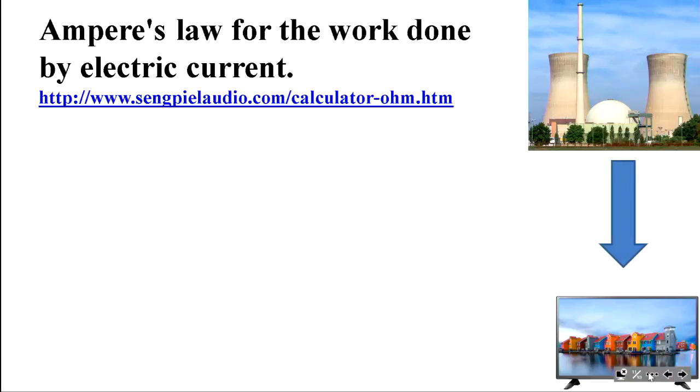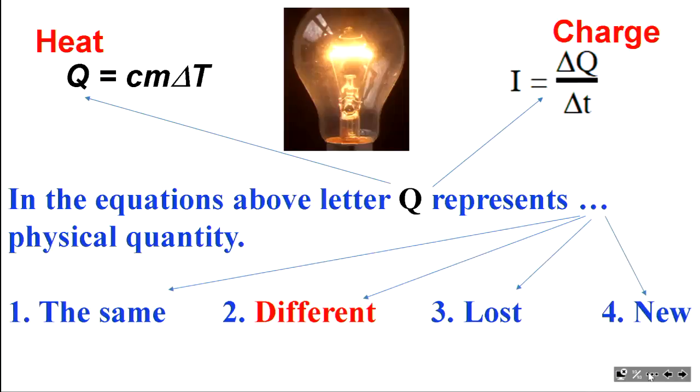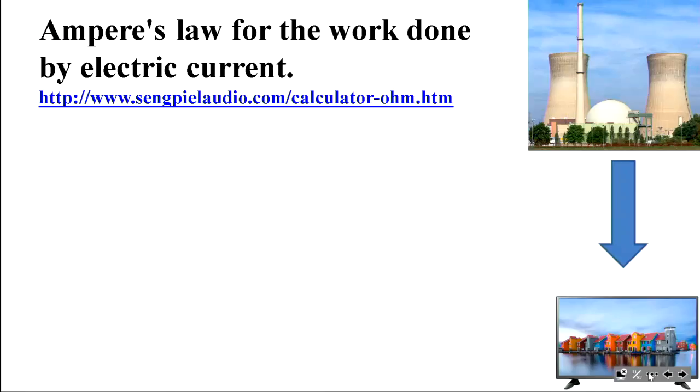Well, of course, we can calculate the amount of heat a bulb, for example, emits. But for that, we need to know how to calculate the amount of work electric current does. And first we have to start from a very simple situation. One charge travels a certain potential difference from potential 1 to potential 2.